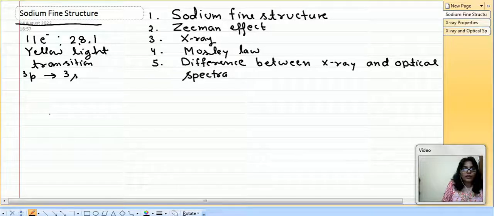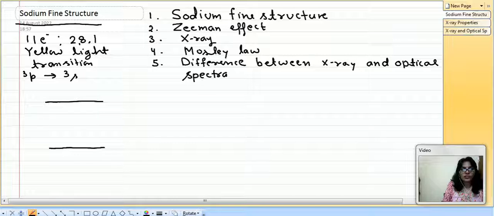So let us make an energy level diagram. There is a p state, the upper state, and there is an s state, which is the lower state. Since we are dealing with the sodium atom, let us write it as p state and s state.